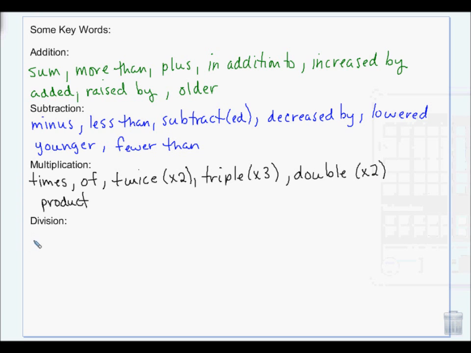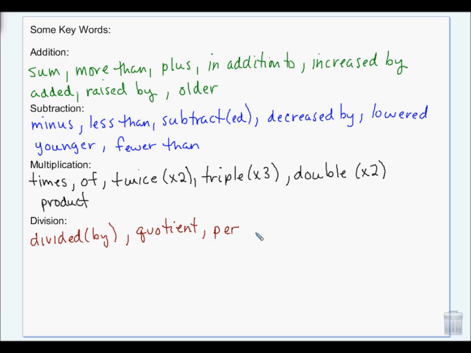Some words for division, of course, we have divided, or divided by. The word quotient relates to division. The word per, you divide, which is where the word percent comes from. Percent literally means divided by 100.